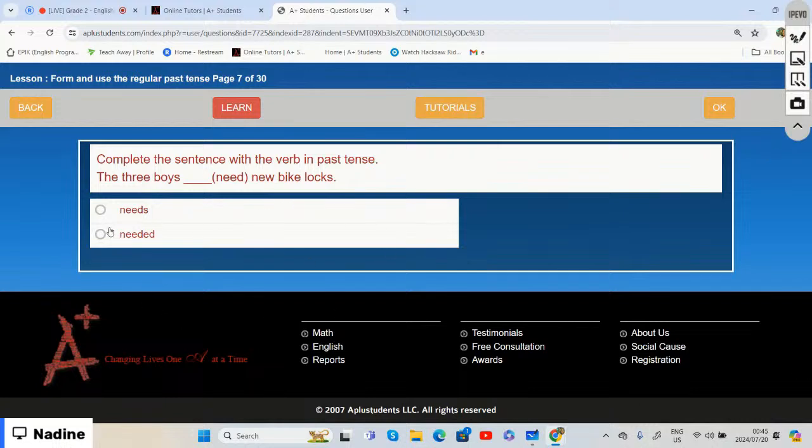And then the last one says the three boys need new bike locks. So do we say that the three boys needs new bike locks, or do we say the three boys needed new bike locks?